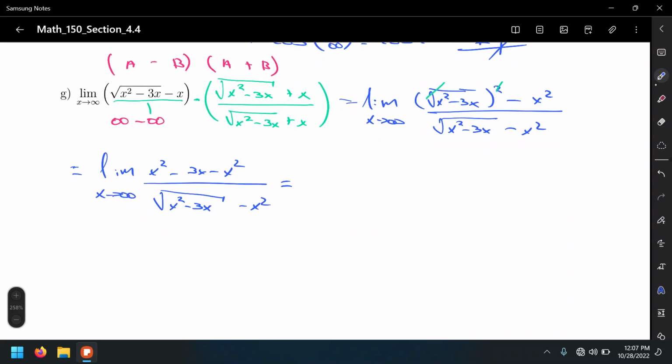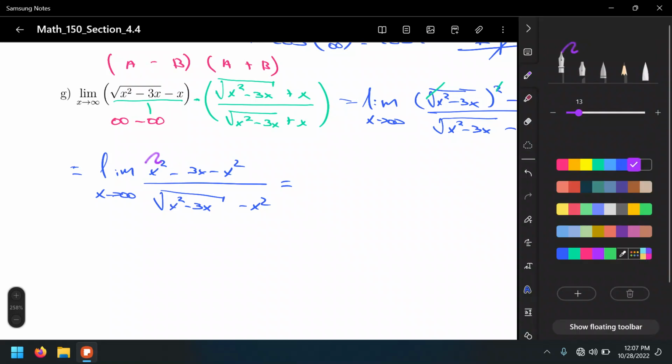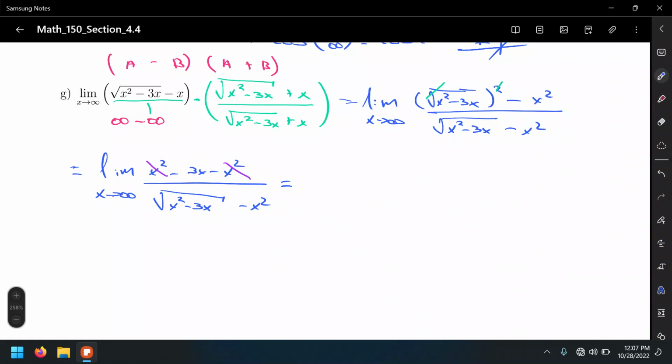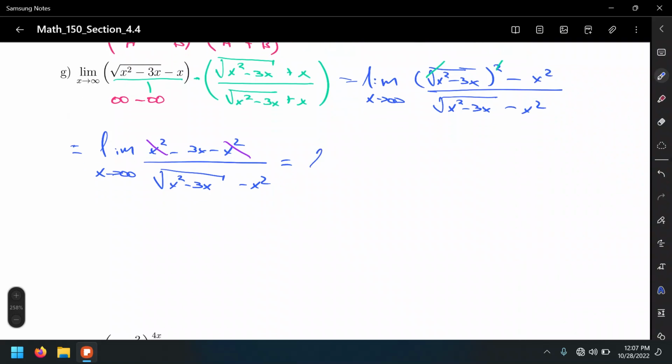Alright, so notice that we can also cancel out these x squareds, and that's going to leave us with the limit of negative 3x over the square root of x squared minus 3x minus x squared. Oh wait, this is not x squared in the denominator, it's just x actually.